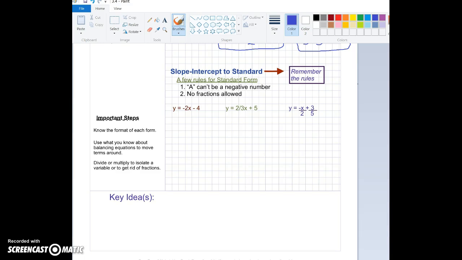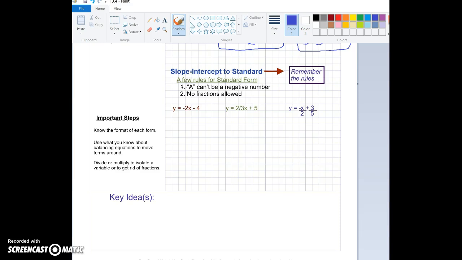All right, let's do the next one. Slope-intercept to standard. The key to switching from slope-intercept form to standard form is to remember the rules. Remember that the a in ax plus by equals c can't be a negative number, and there are no fractions allowed.